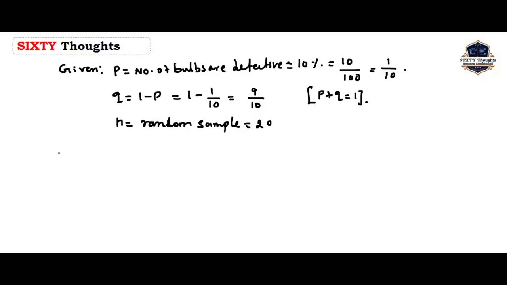So using this data, we are going to apply the binomial distribution. What is the binomial distribution?